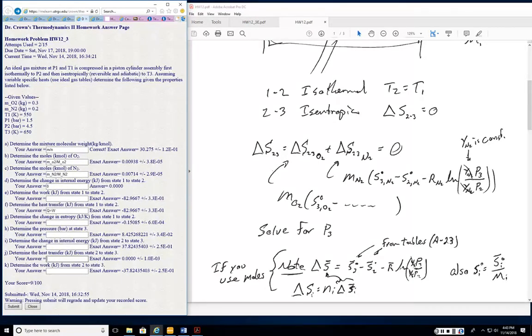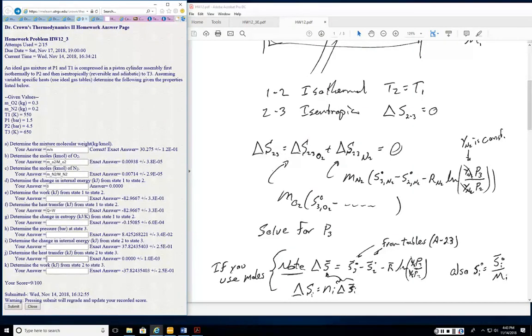When we put in all the terms, so you put in S naught state 3 for the nitrogen, S naught state 2 for the nitrogen, so it basically at T3 and T2 we calculate that for nitrogen. Do the same thing for oxygen, S at T3 and S at T2 for the oxygen, so put in those values for S naught, the R for nitrogen, the R for oxygen, and then of course these still cancel for state 2 and 3.